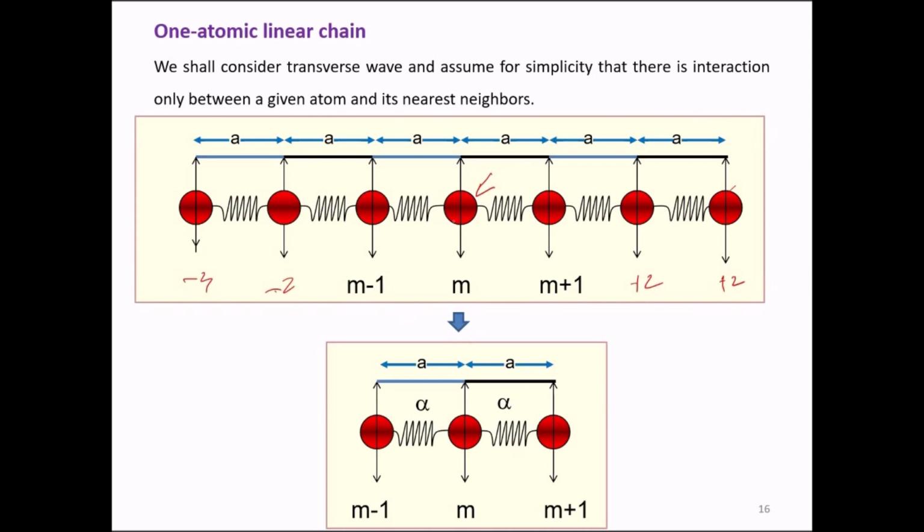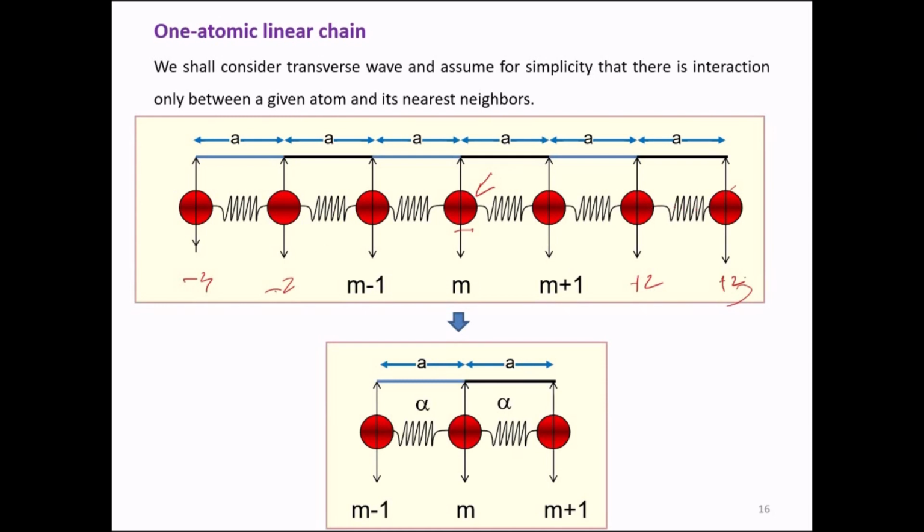Of course, this atom interacts with m plus 1, and with m plus 2 and m minus 2. However, the interaction of atom m with m plus 1 and m minus 1 is strongest, and much stronger than with other atoms.